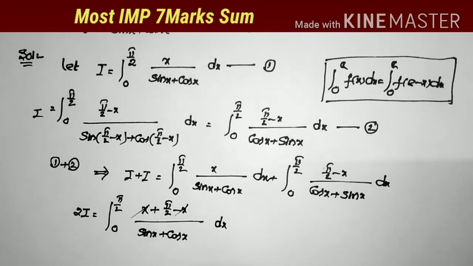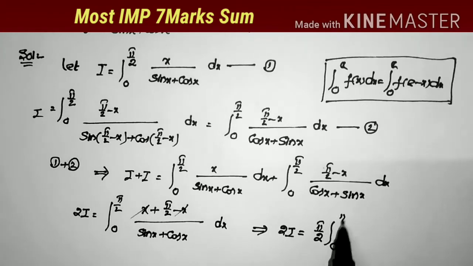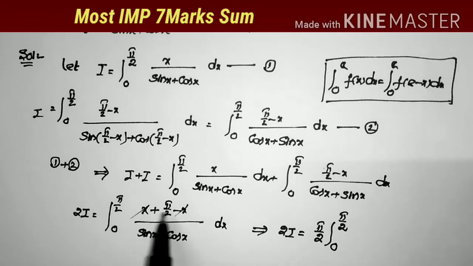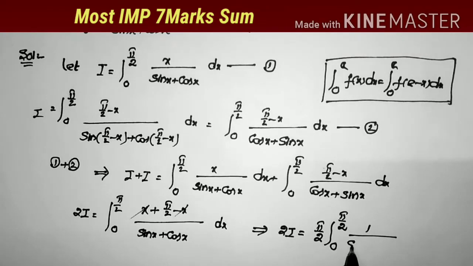Now here x and x get cancelled, which implies 2I is equal to, here pi by 2 is the constant, so taking the constant before the integration, pi by 2 integral 0 to pi by 2. What is the remaining value here? x is cancelled and we take the constant out of the integration, so the remaining value is only 1, that is 1 by (sin x plus cos x) dx.